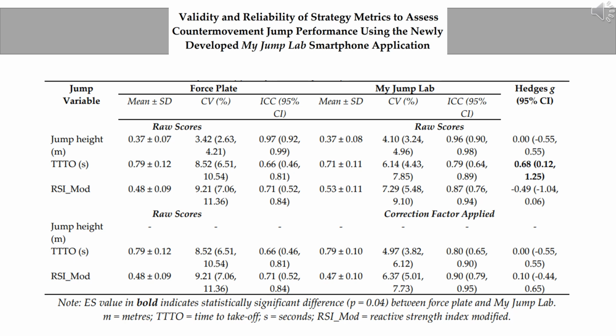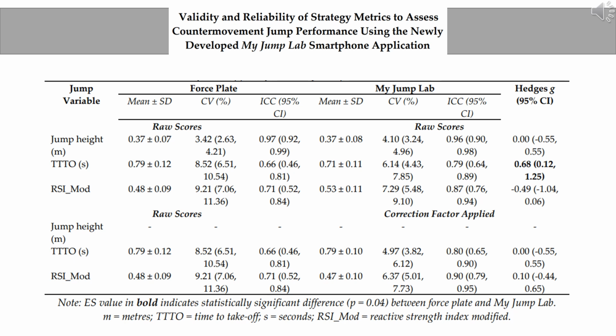So what we did is we plotted our raw data like coordinates on a graph, and essentially then we were able to plot our y equals mx plus c equation. So we were able to apply what we call the correction factor or the correction equation to the raw time to take off scores.